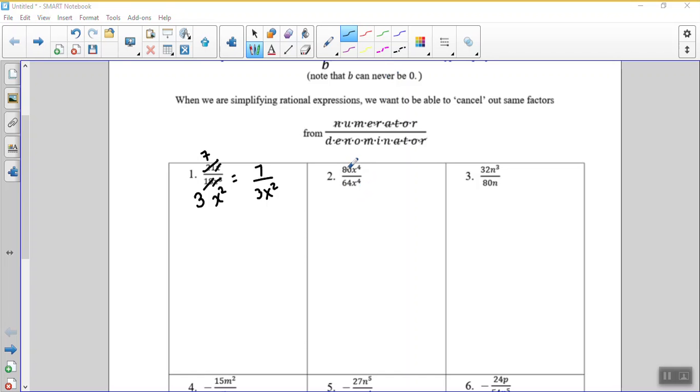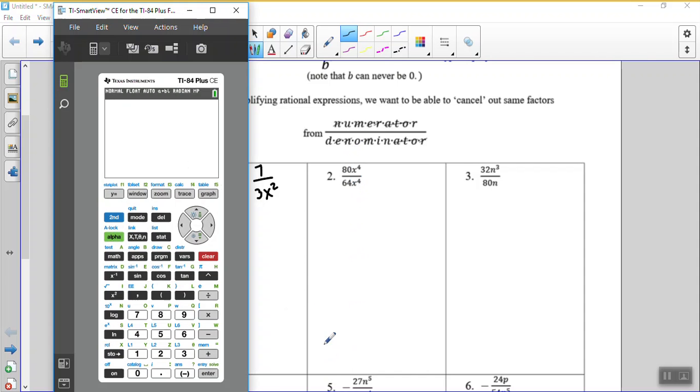All right, so if you are looking to reduce this and you're trying to look for what goes into 80 and 64, you can start with, well, they're both even numbers, so you can start with 2 and then keep reducing it. Or you can use your calculator. If you go to math, and over to numbers, it's this one right here, greatest common divisor.